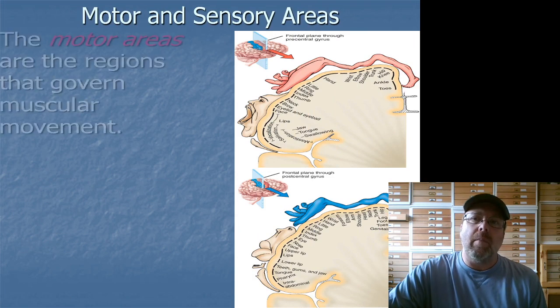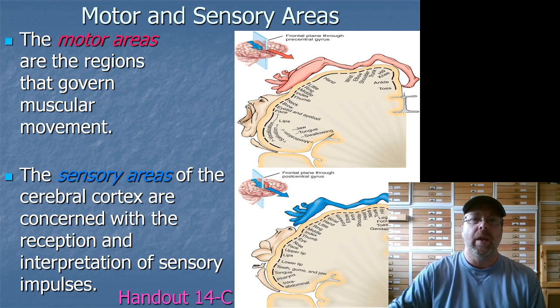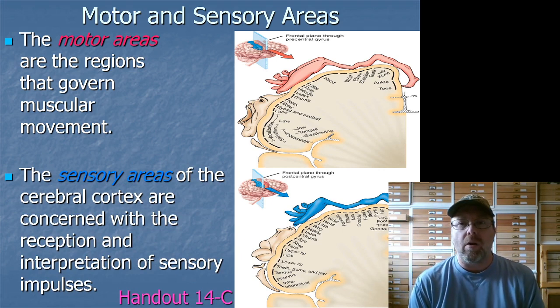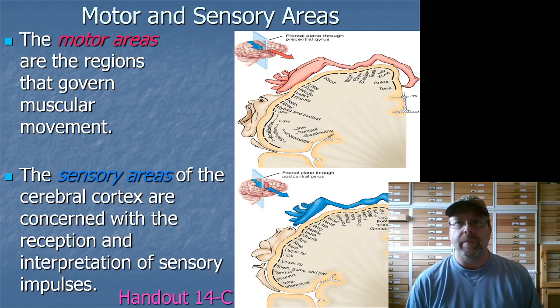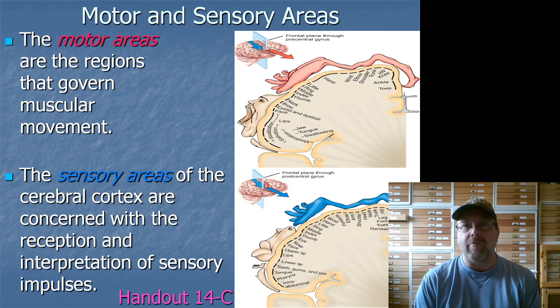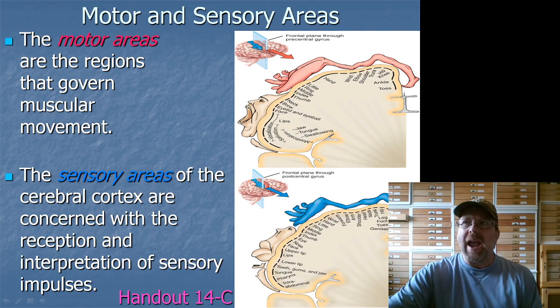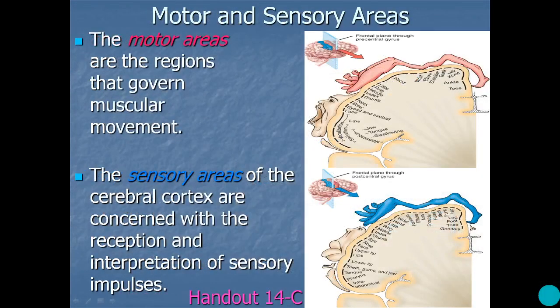And a big part of what the cerebrum is going to be controlling are motor control and sensory control. Now, remember, a big chunk of this has to do with our precentral and postcentral gyrus. And what's really interesting here is I have in this diagram a representation of what the pre and post central gyrus controls.